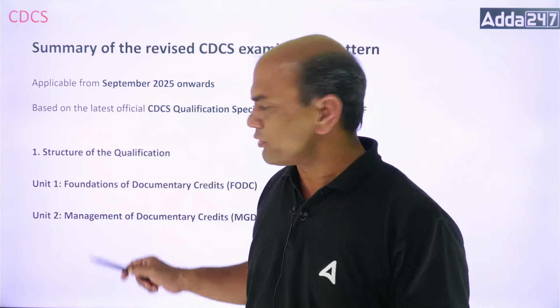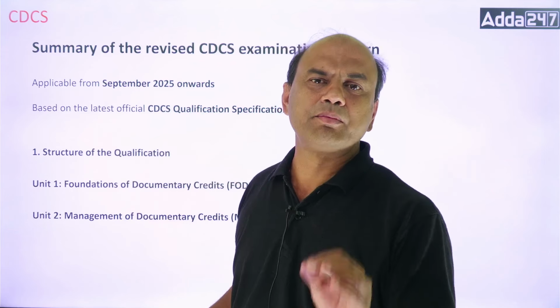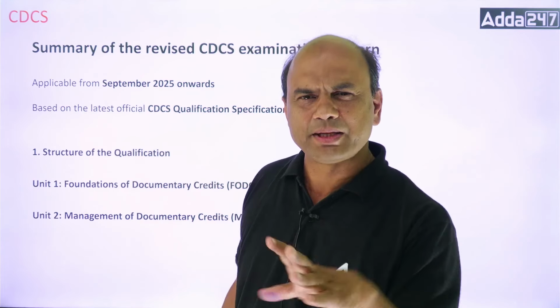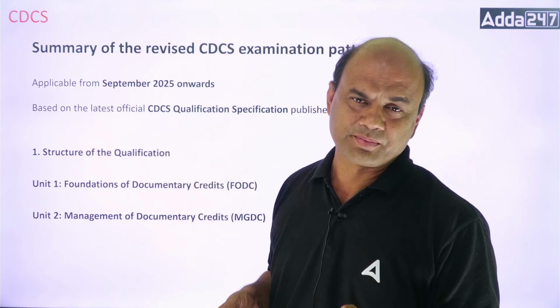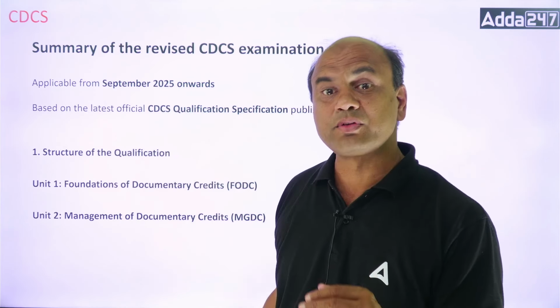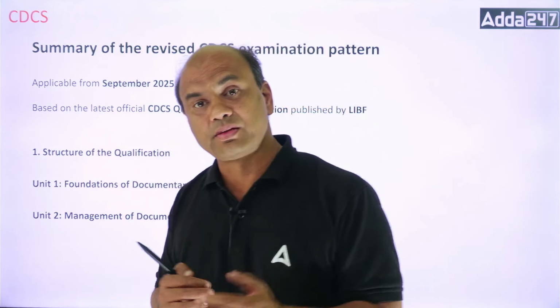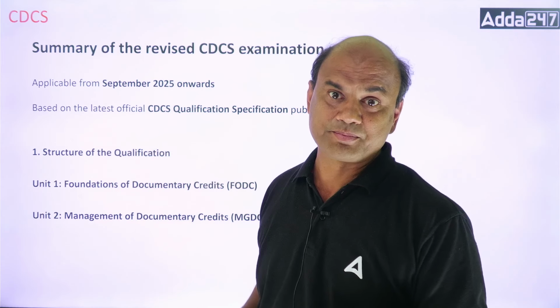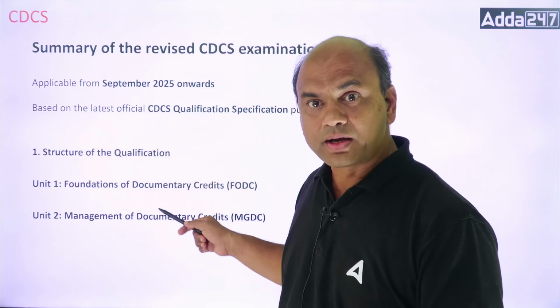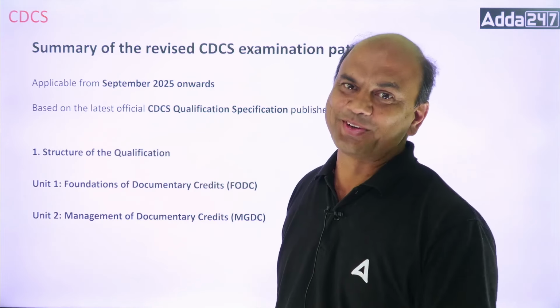So remember, foundation will only contain the main concepts of UCP and basics of trade finance, including those risks and everything. Management will concern a higher level. It will include all these remaining 4-5 elements. More details on this will come in the next video.